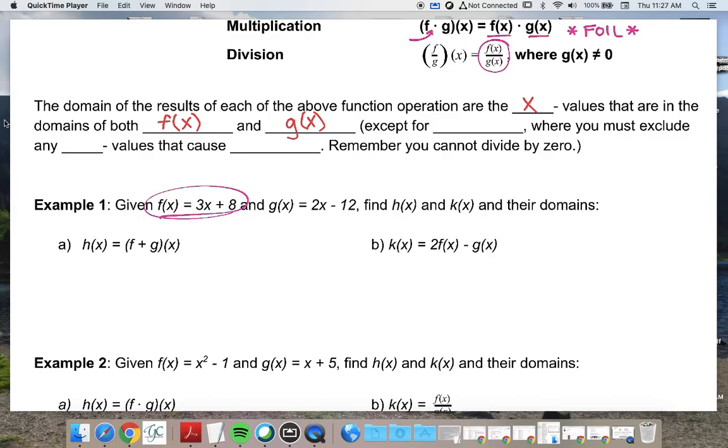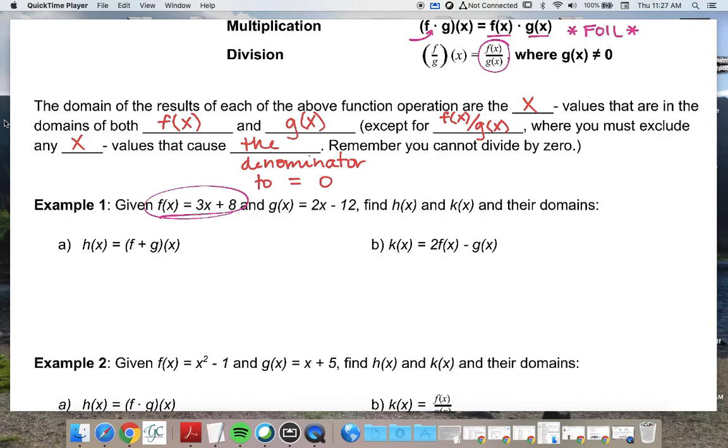However, we do have to be careful when we divide two functions. So for example, f of x divided by g of x. In that case, we do have to exclude any x values that cause the denominator to equal 0. Just like I briefly talked about above with division, we cannot divide by 0.